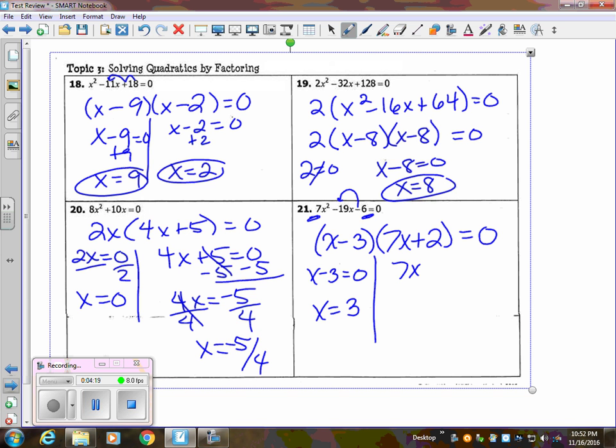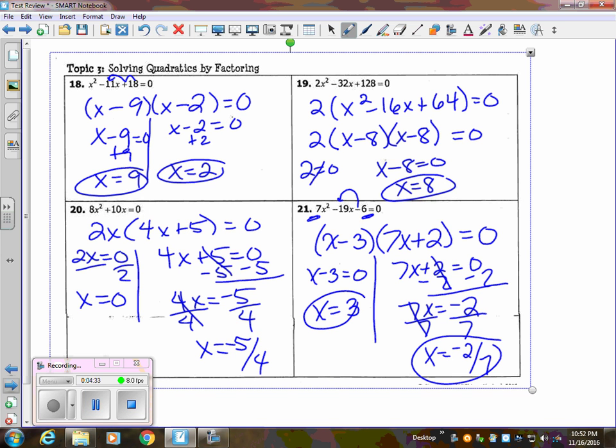Over here, you have to move that 2 first by subtracting, and then divide by the 7. So that one would be -2/7. So there's your x-intercepts, your zeros, your solutions, your roots. And you have all those different names.